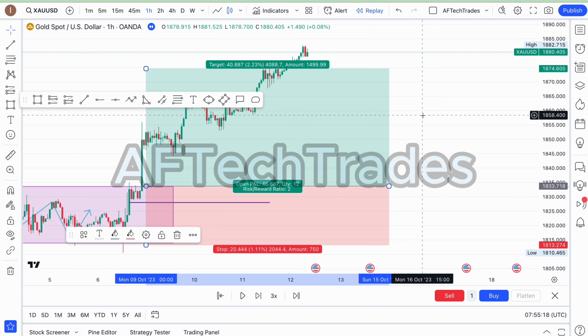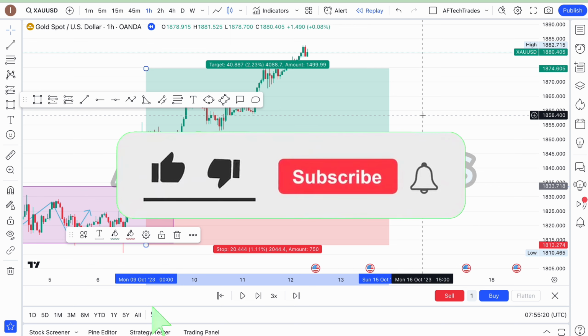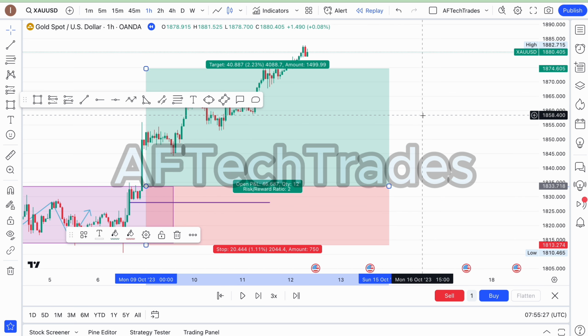How to maximize your profit. If you stick to this alone, you will find out that the market usually ranges almost every day. Let's say the market ranges just once a week, for example. That's the worst case scenario. Let's say this market ranges once a week and you want to use this strategy. And now you can see we hit 40 pips.